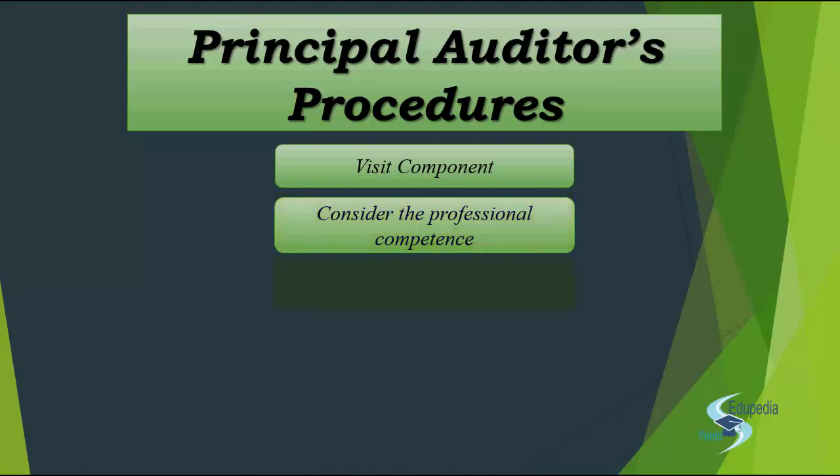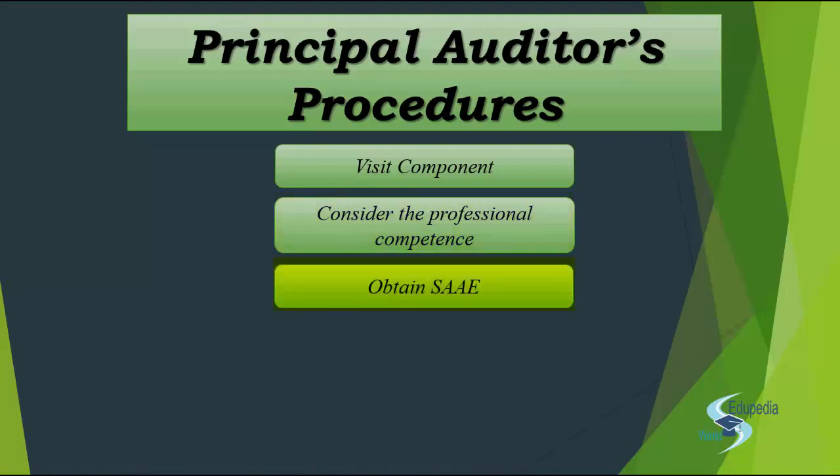The next point of consideration for us would be to obtain sufficient appropriate audit evidence. Now this is one topic where you have to pay attention, right? Because this is not the general understanding that you require over here. You need some specific knowledge over here.